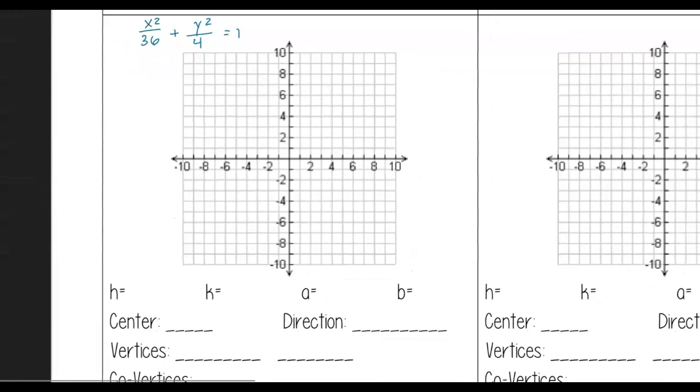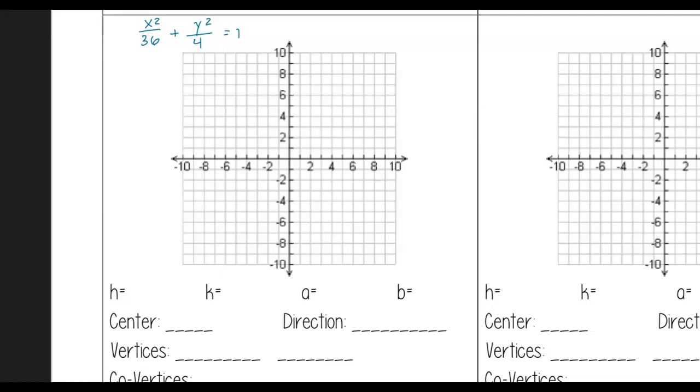Okay, so in this equation of an ellipse, what is our center point? Ariel. Let's do Ariel. She's not here. Okay. Let's then do Aubrey.